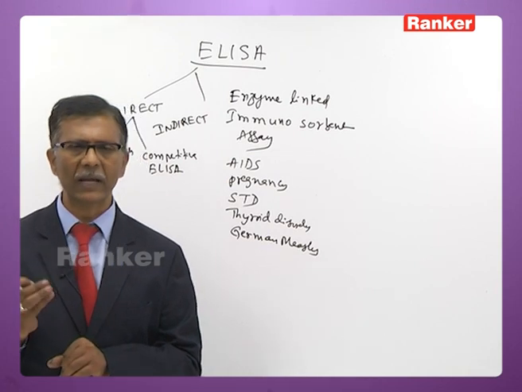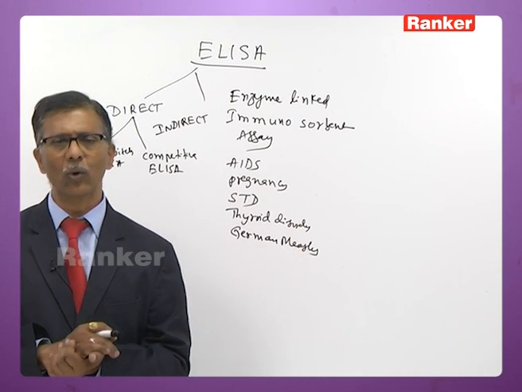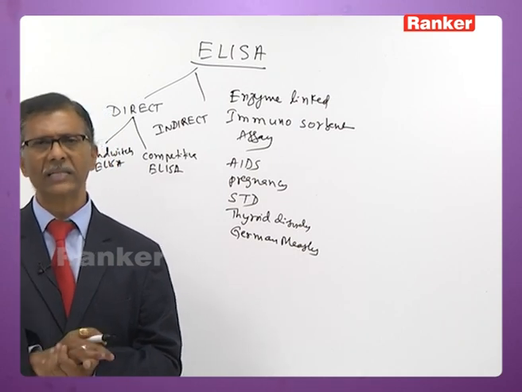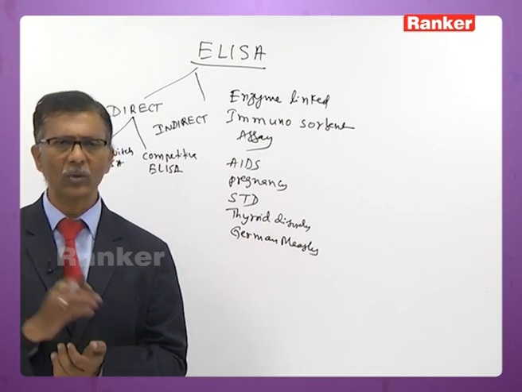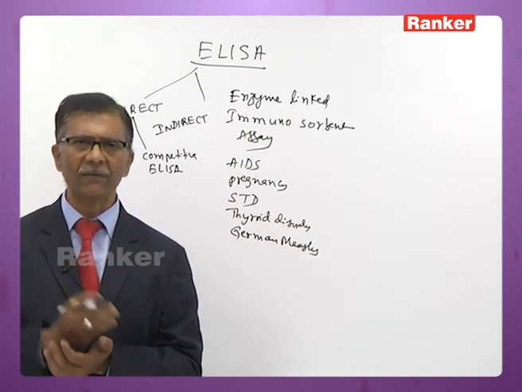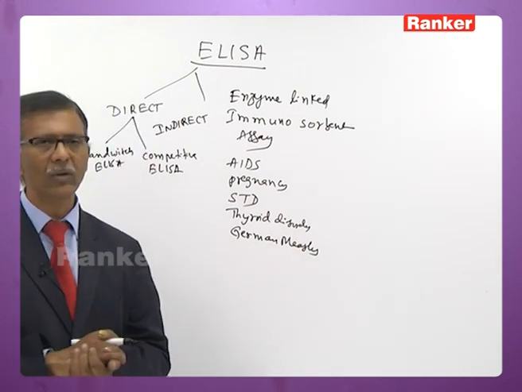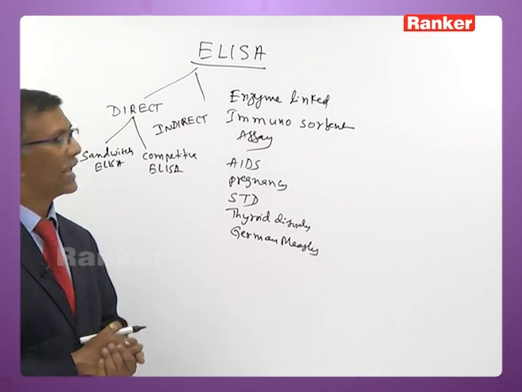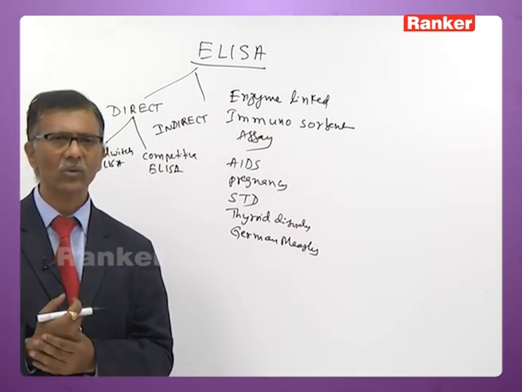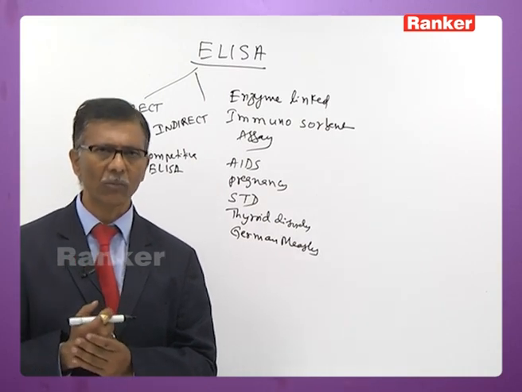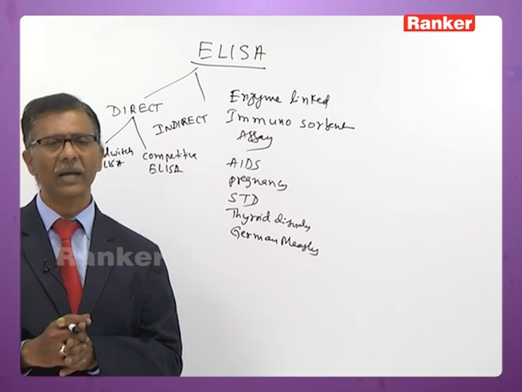In case the woman is pregnant, the natural HCG, human chorionic gonadotropin, present in human urine, and an artificial HCG, both of them can be identified by means of competitive ELISA. So this enzyme linked immunosorbent procedure is used to diagnose the AIDS virus in the human body to confirm whether the person is HIV positive or HIV negative.